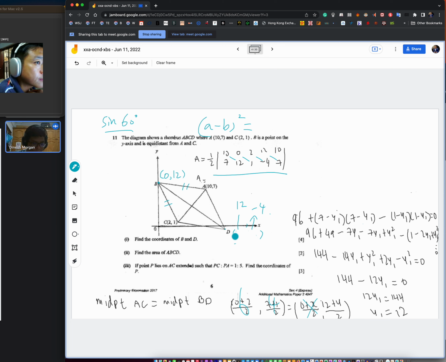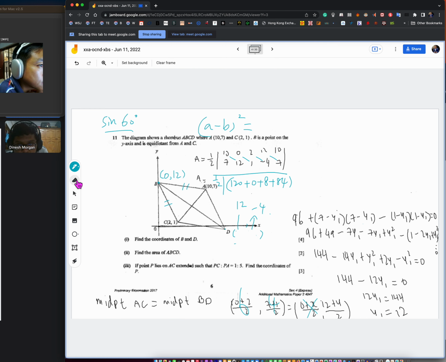Oh. Okay, but never mind. The shoelace is just 10. Okay, so basically you just have half. Then you use the 10 times the 12, which is 120. Then plus the 0 times 1, 0. 2 times 4, 8. 12 times 17, 84. Then you bracket it.